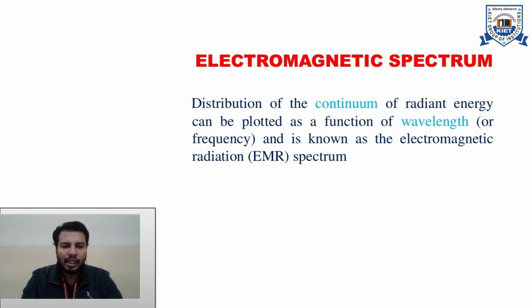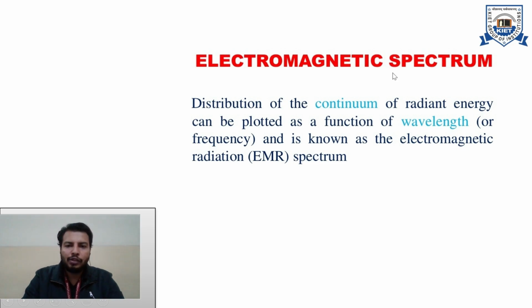So we have divided the electromagnetic wave depending upon its different wavelengths, creating a whole spectrum in which several bands are there, each with wavelengths from one interval to another and with similar features.